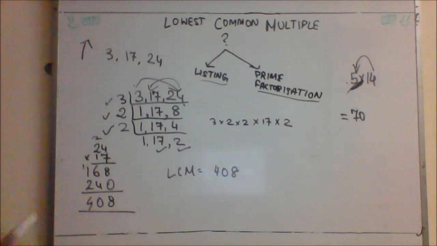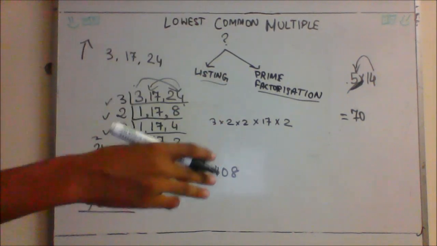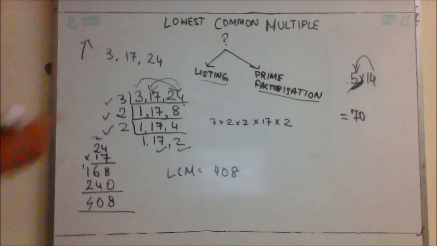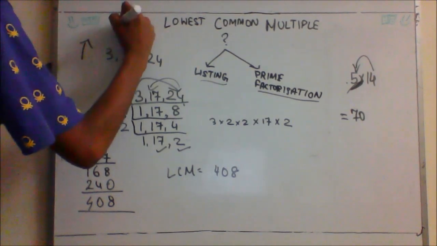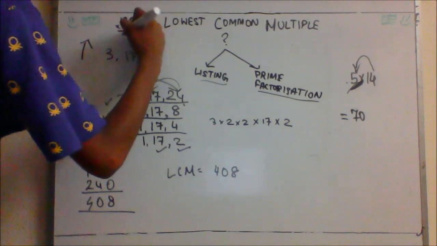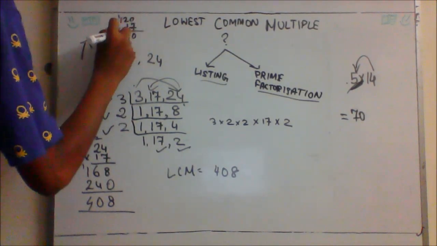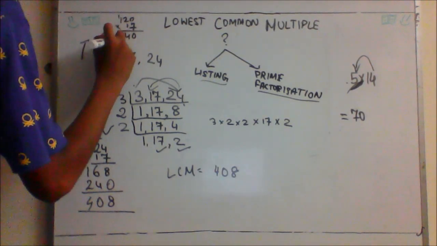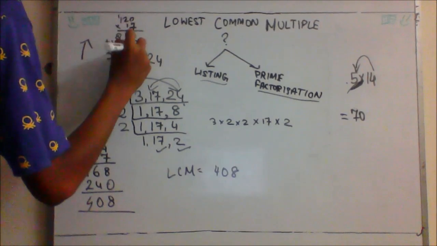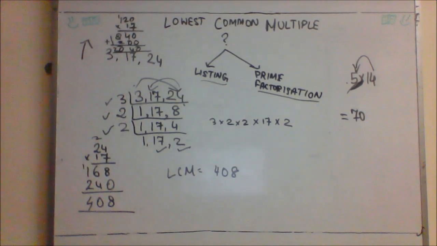But if it was 5, 17 and 24, we would have got an answer like so big, which would have been 120 into 17, which is 2040.